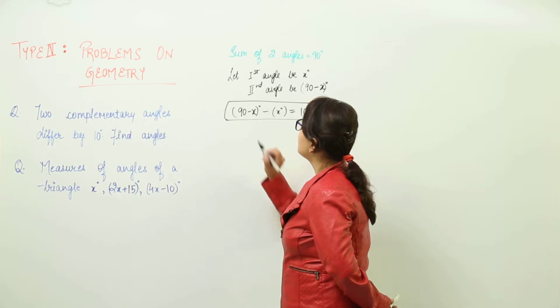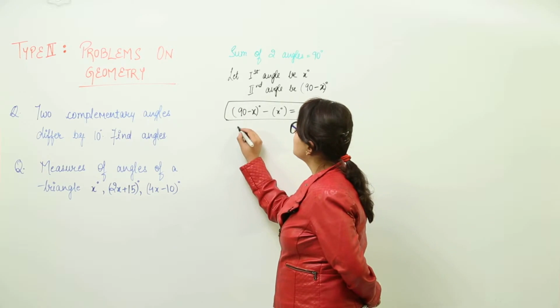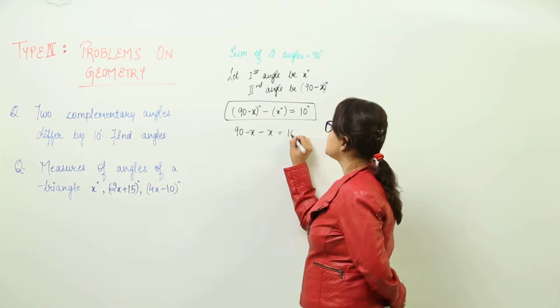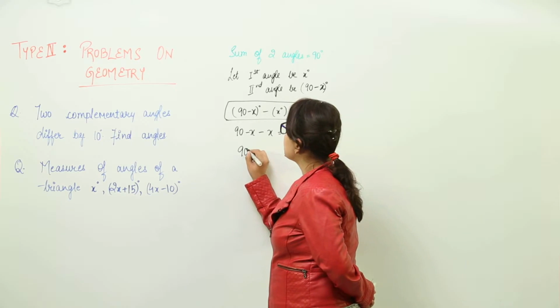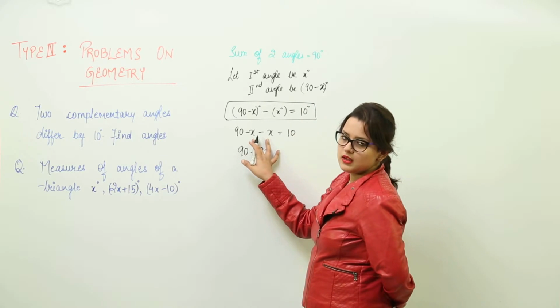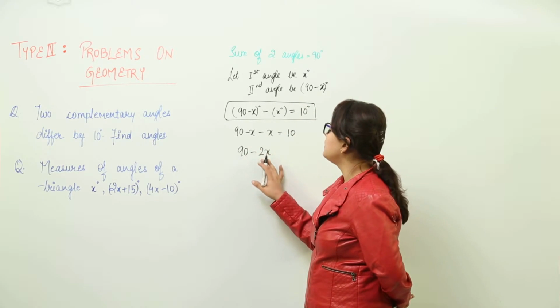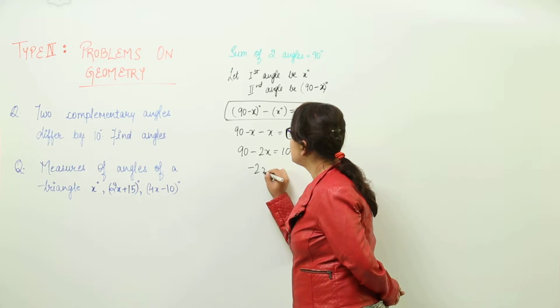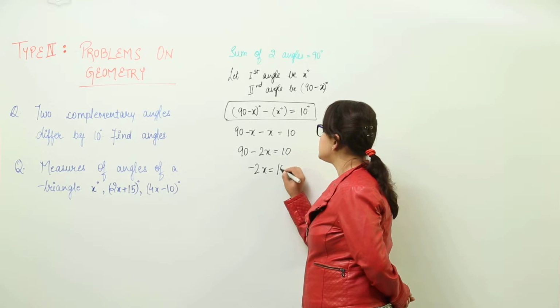Now we can solve it very easily. 90 minus x minus x, because the x's were like terms, we add them together, giving 90 minus 2x equal to 10.